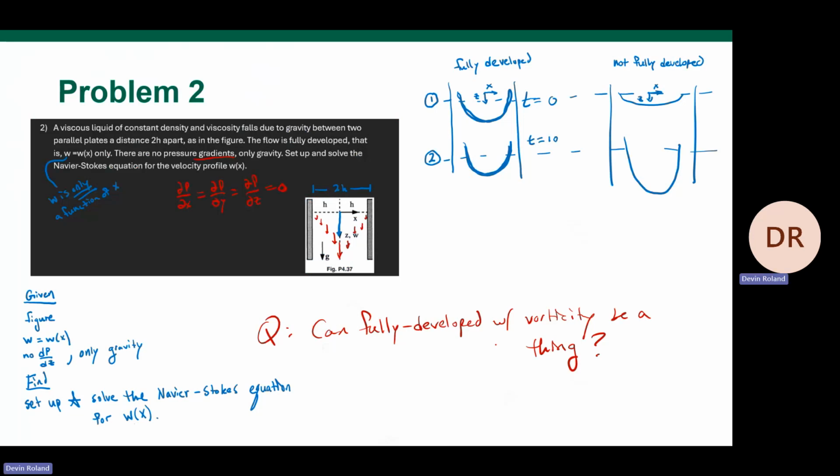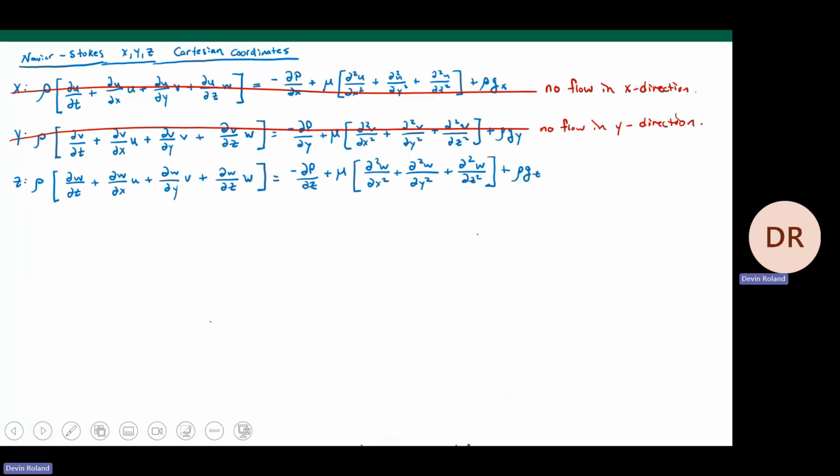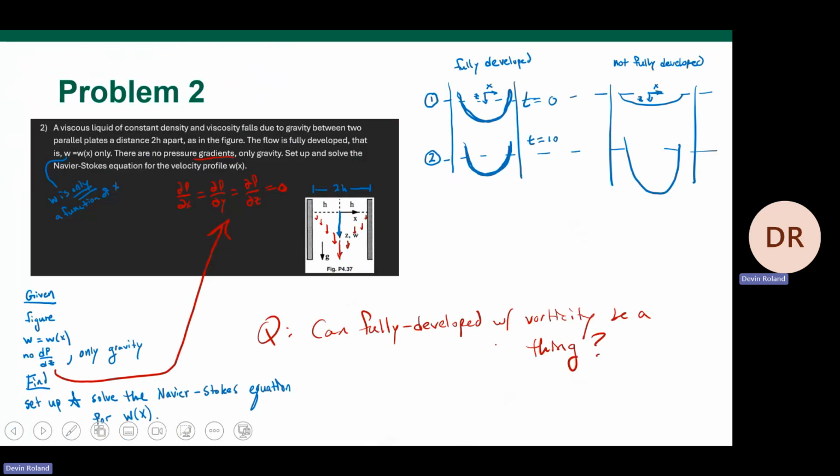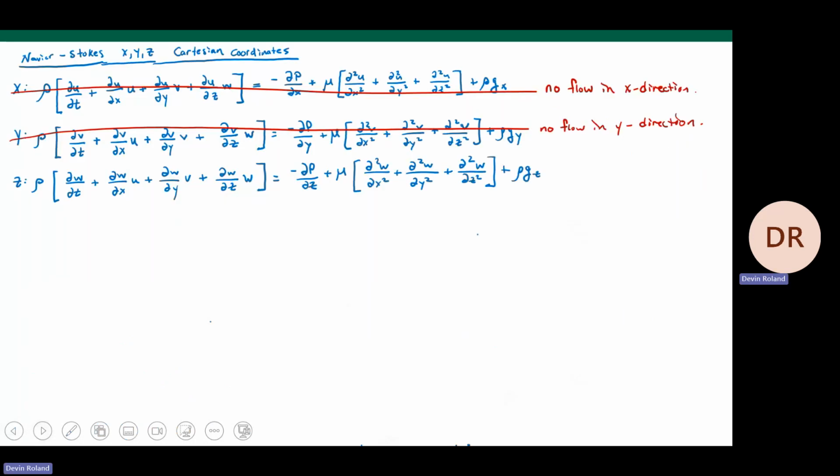Okay, that's a fair point to make there. And then d squared u dx squared, and so on and so forth, all those are going to be 0. And we're going to take gravity based on the picture as in the positive z direction. So long story short, you zero out the x and y Navier-Stokes equations.